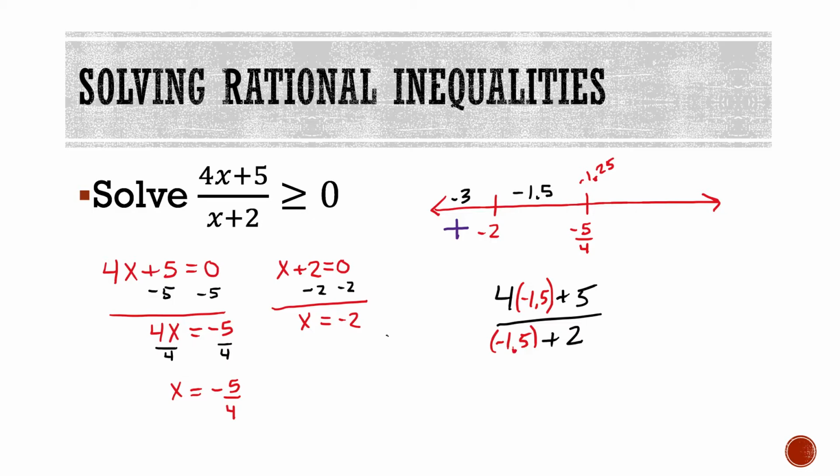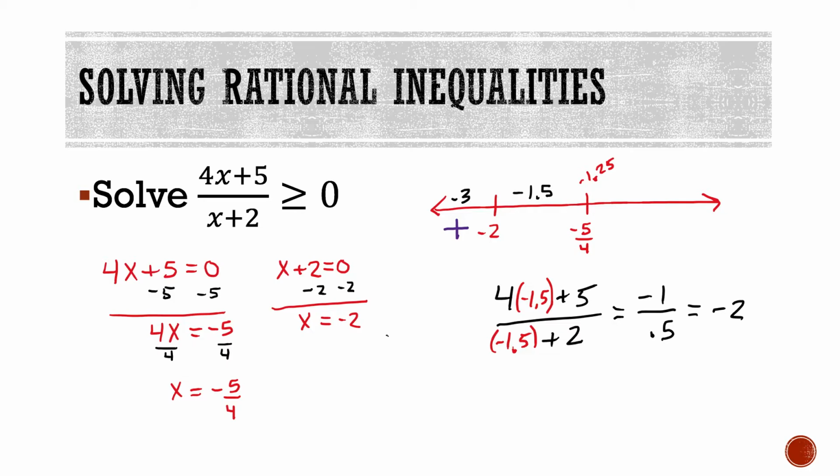So on the top part, I'm going to use my calculator here. 4 times -1.5 plus 5 gives me a -1. And then on the bottom part, -1.5 plus 2 gives me 0.5. And when I divide that out on my calculator, that's going to give me -2.